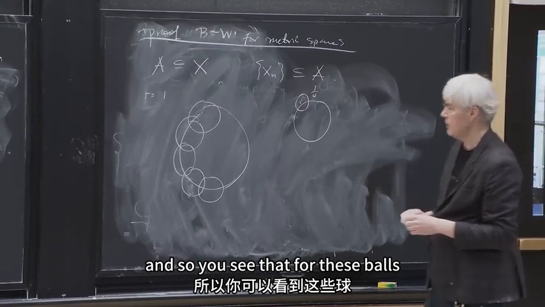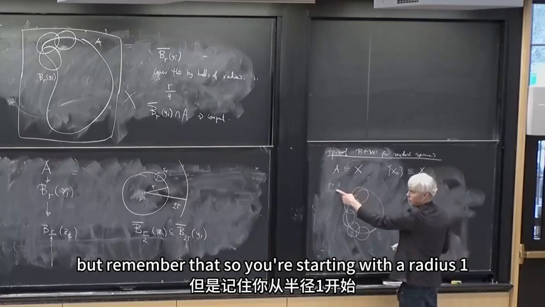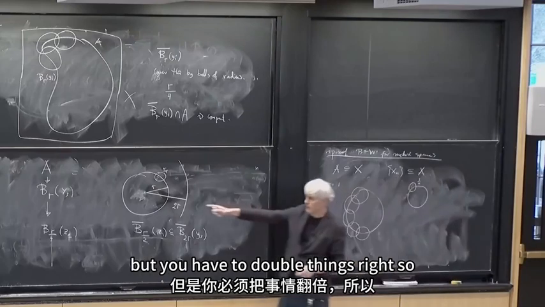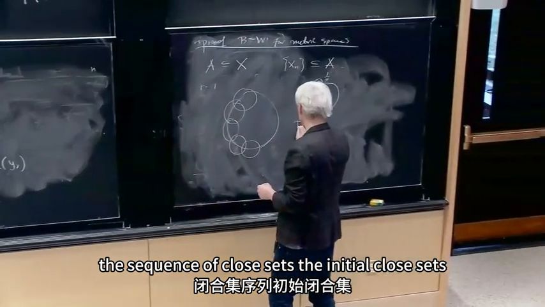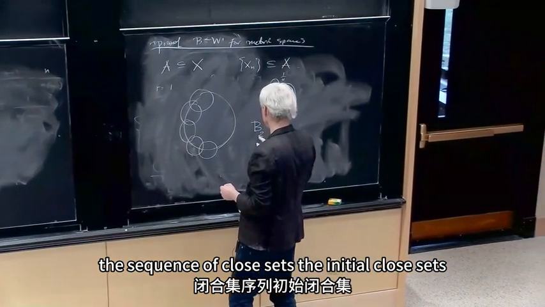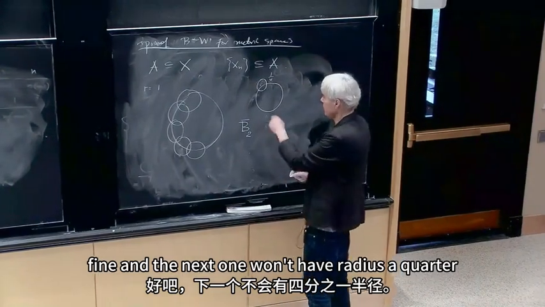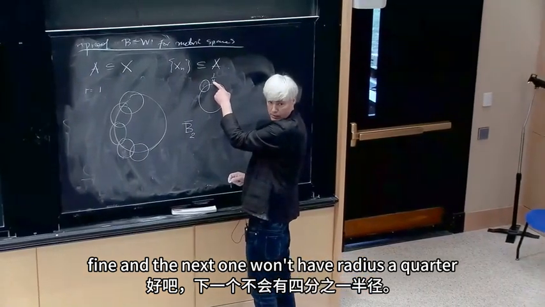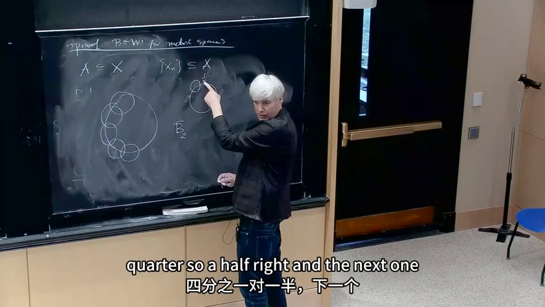Remember that you're starting with a radius 1, but you have to double things, right? So the sequence of closed sets, the initial closed set, will have radius 2. And the next one won't have radius 1/4, but it will have radius 2 times 1/4, so 1/2.